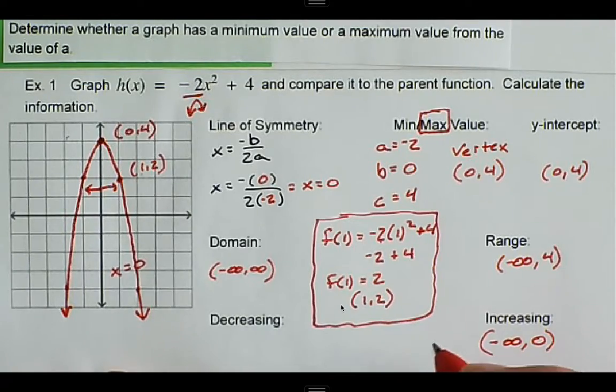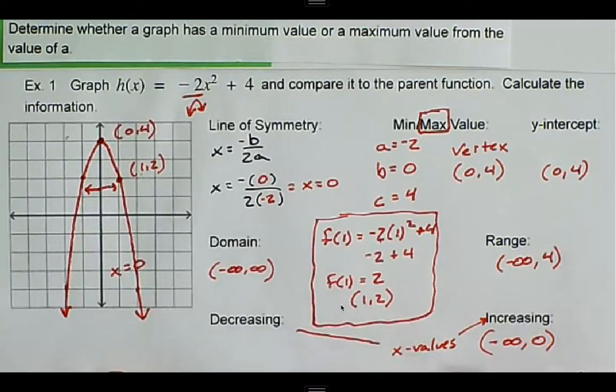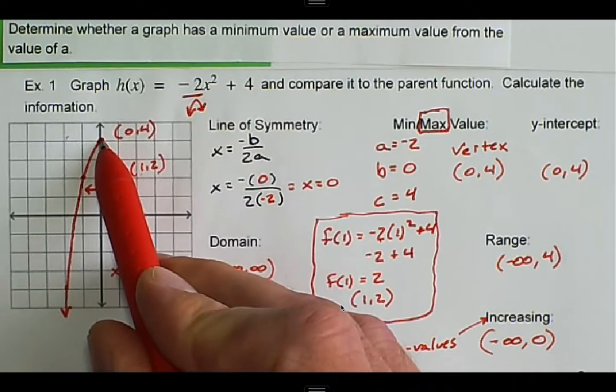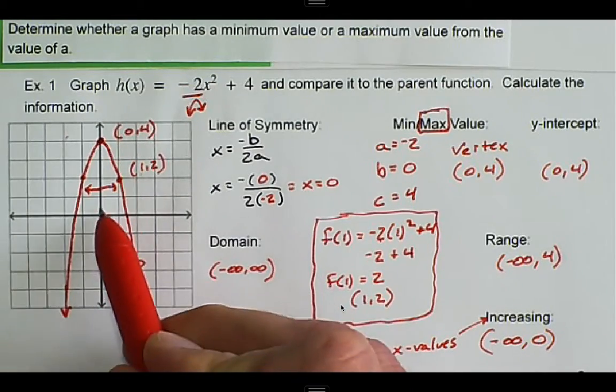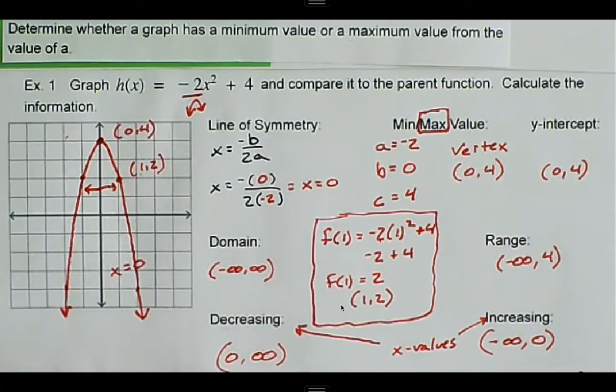And decreasing and increasing are talking about just the x values. It starts decreasing at x equals 0, and it's going to decrease all the way to infinity. So 0 to infinity, neither one are included, so we use the parentheses.